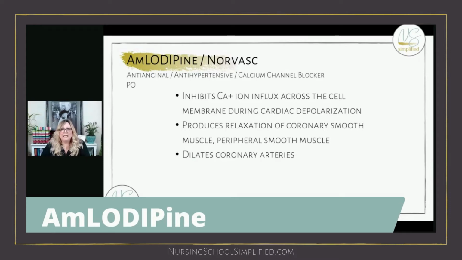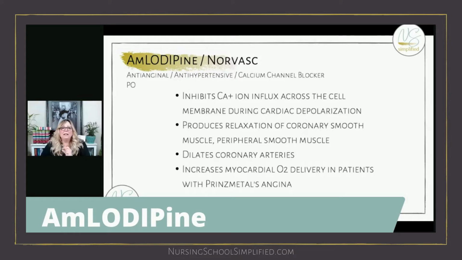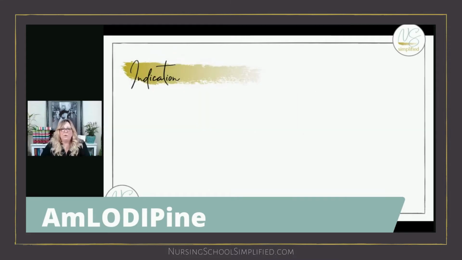And it dilates those coronary arteries, and it increases myocardial oxygen delivery in patients with Prinzmetal's angina, or vasospastic angina, if you want to say it fancy. So the indication, or why we give this medication, is for patients with chronic stable angina pectoris, or chest pain.